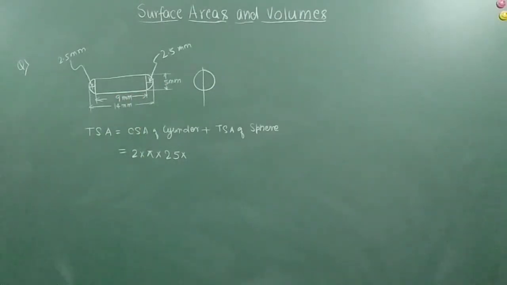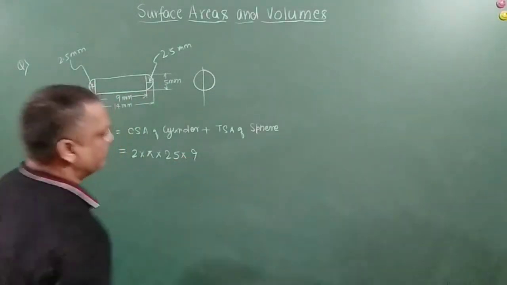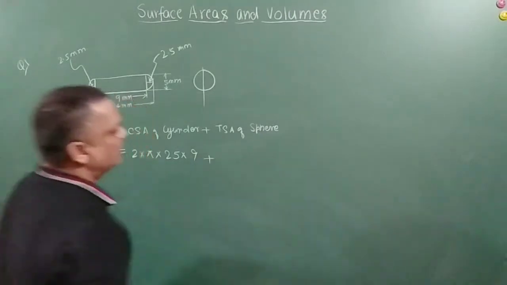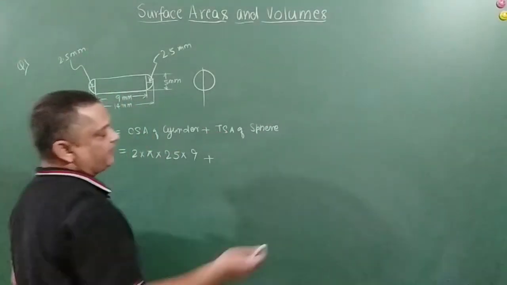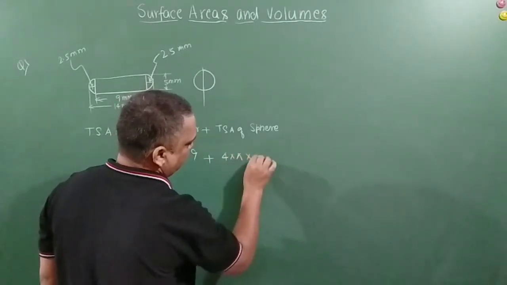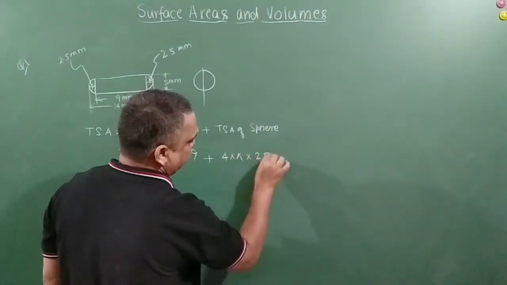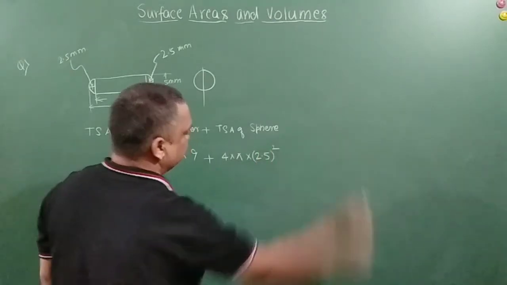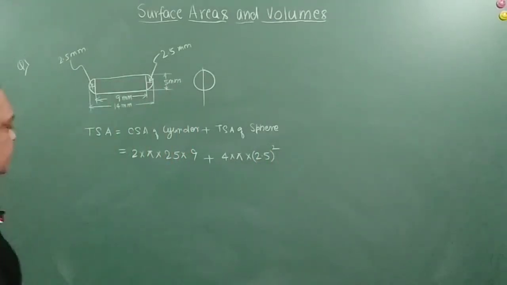You are getting, my friend? So into 9, plus total surface area of sphere, nothing but 4 pi r square. So 4 into pi into 2.5 squared. Correct? Right?